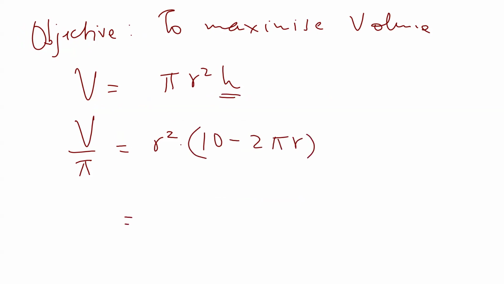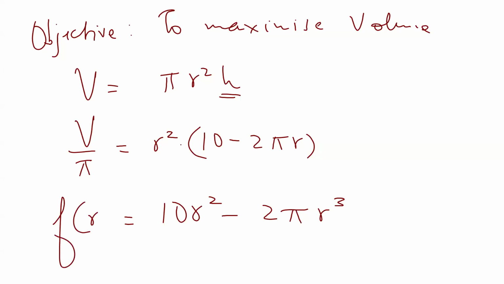So v by pi is equal to 10 r square minus 2 pi r cube. So let this be f of r. V by pi, let it be f of r. Do you agree with me? Yes, sir.